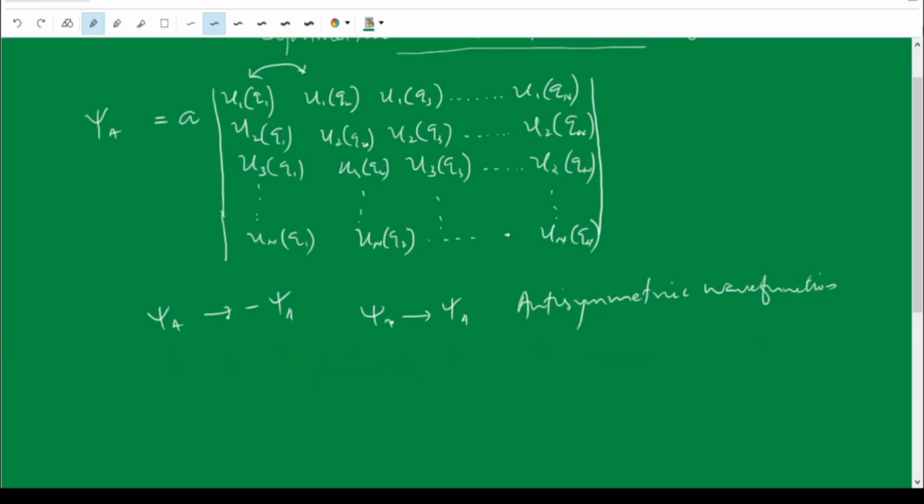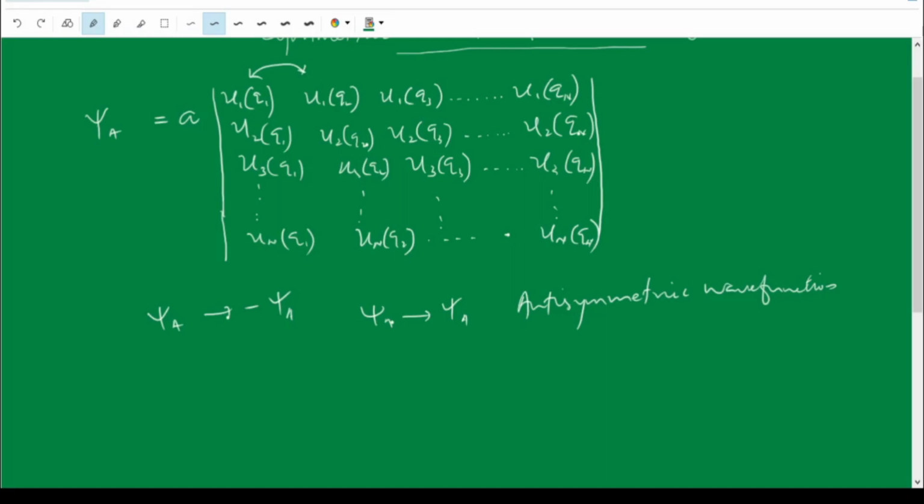Now, if two or more particles are in the same single particle state, that means the corresponding rows are identical. Here u1 is the first single particle state, u2 is the second.